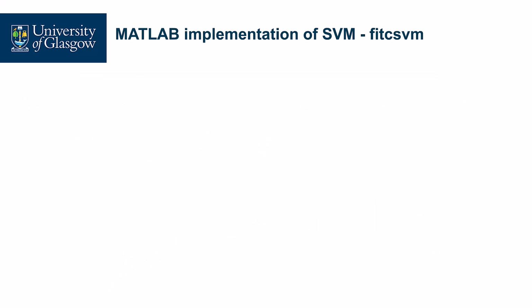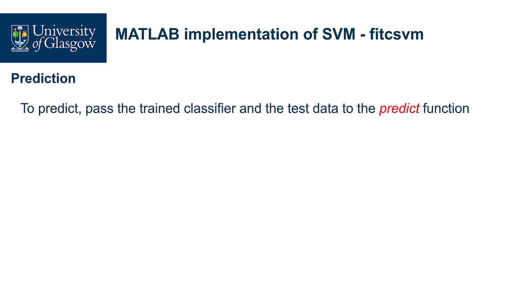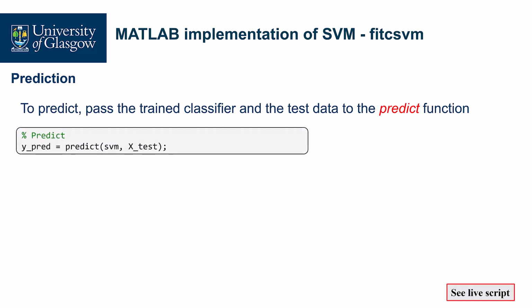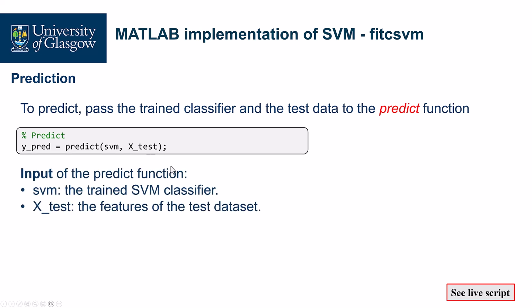After we train the SVM classifier, we need to make the prediction, right? We can use the trained classifier and the test data with the predict function. The predict function is here: predict(SVM, X_test). X_test is the features of the test data set, and SVM is the trained classifier.